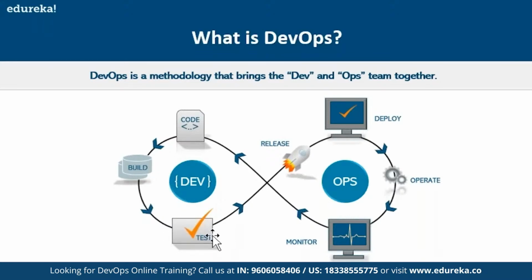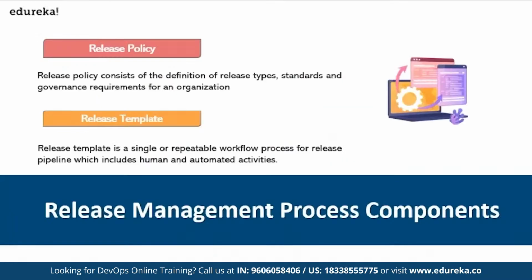If the testing is done, should we release it by manual or automatic intervention? All this is also part of your policy and your vision for your software development. So that is what it is saying here: your release template is a single or repeatable workflow for the release pipeline, which includes human and automated activities.